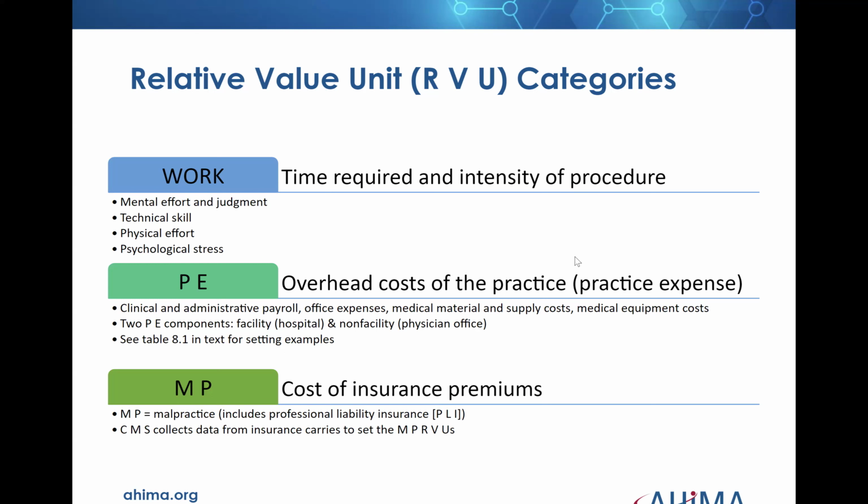So this is not only the nurses, the nurse practitioner, the medical assistant, what have you, but it's also the administrative staff. It's the front office people. It's the people that answer the phone, what have you. And Table 8.1 in the text gives you some great examples of that.